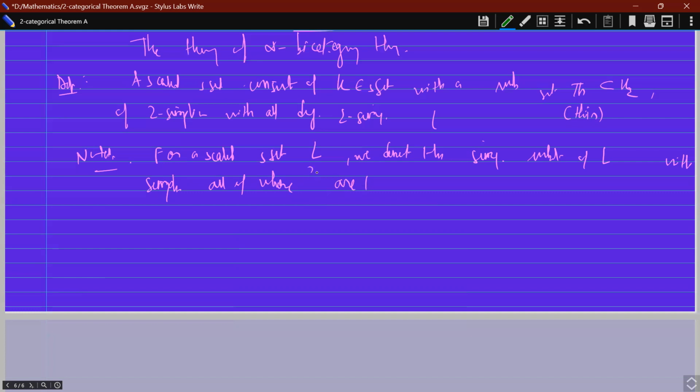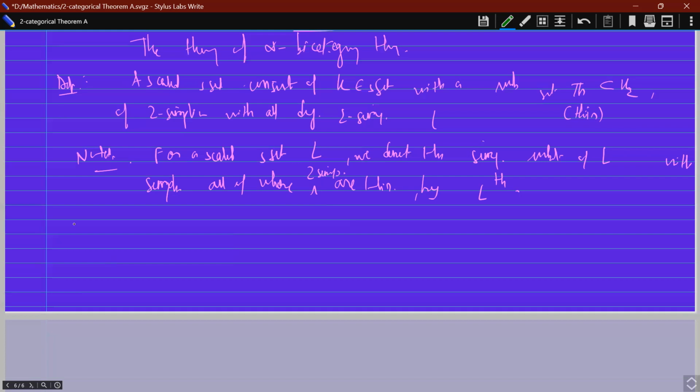All of whose two simplices are thin. We denote this by TH. So that's the way I denote it.